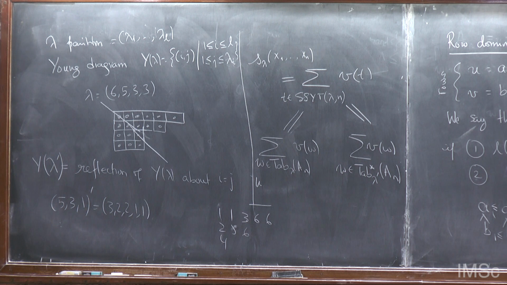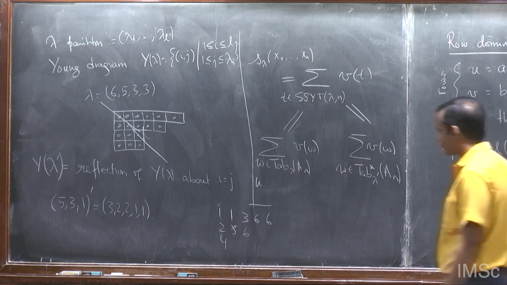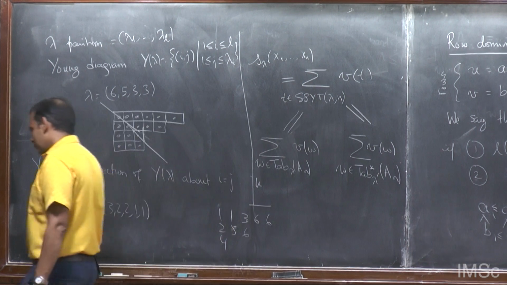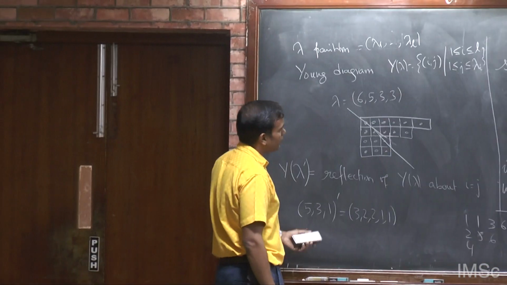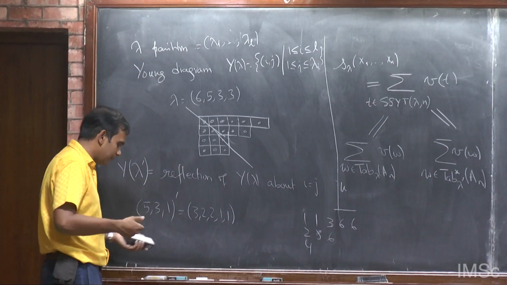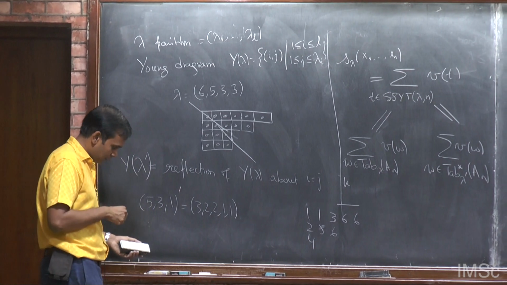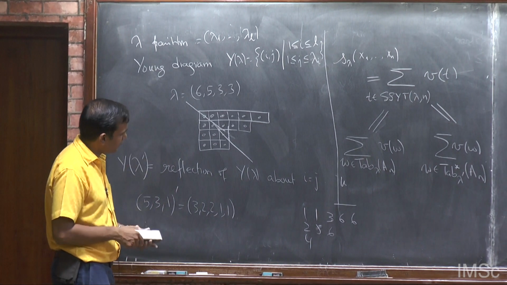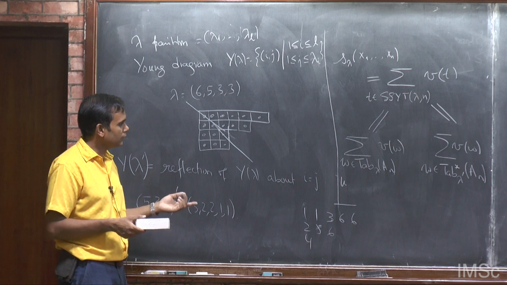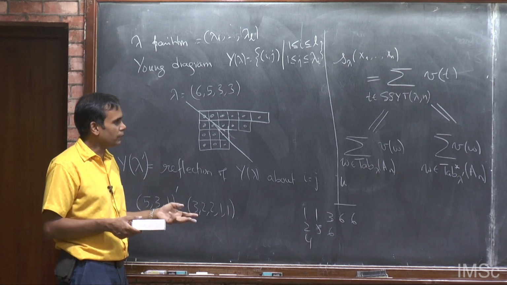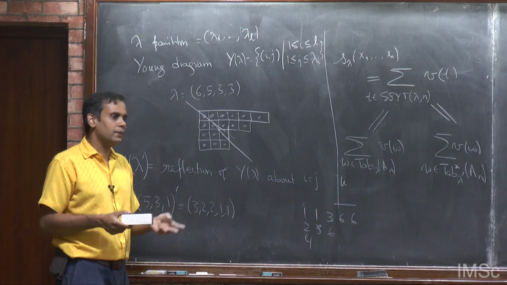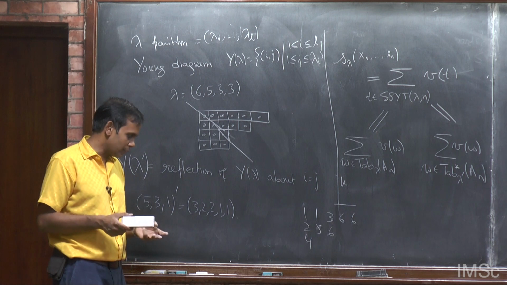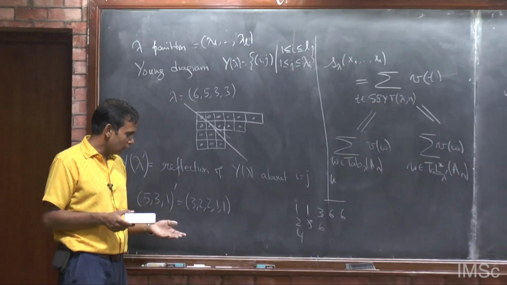Okay, so now I will define the insertion algorithm. This is motivated by Schensted, among the people I listed in the beginning: Robinson, Schensted, Schutzenberger, and maybe I should have mentioned Lascoux and Schutzenberger working together, and Knuth.